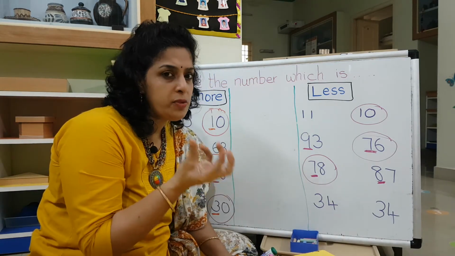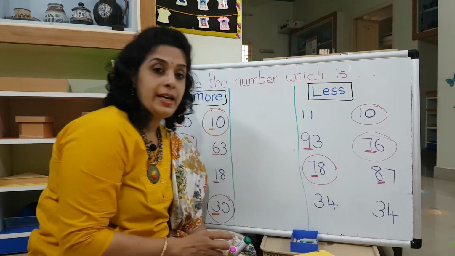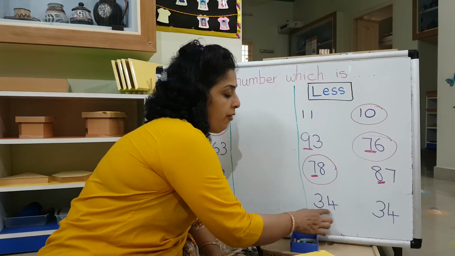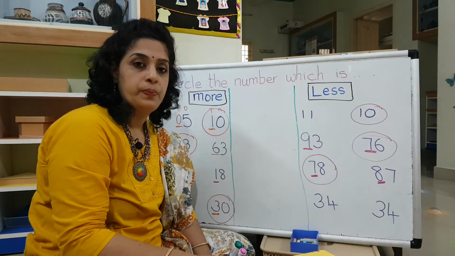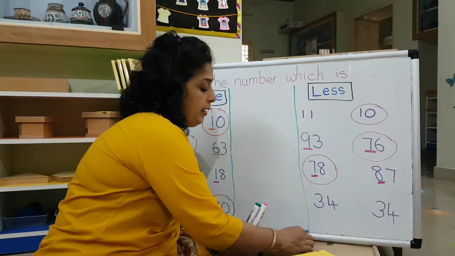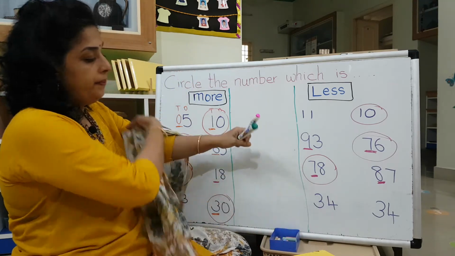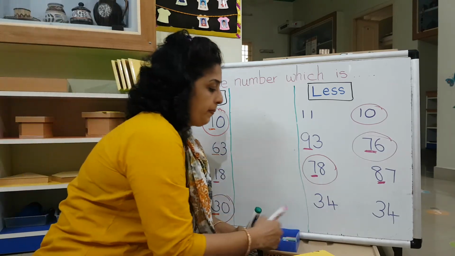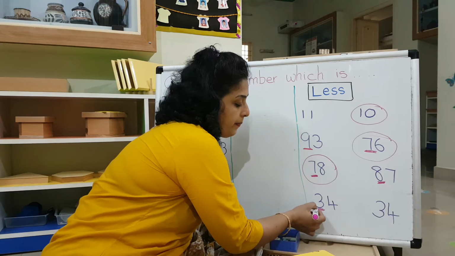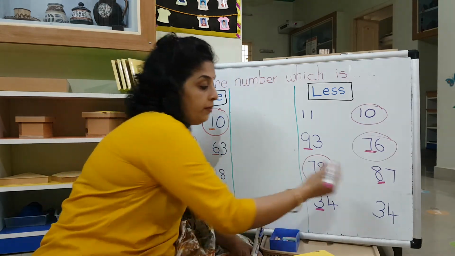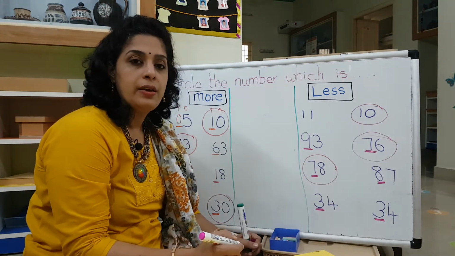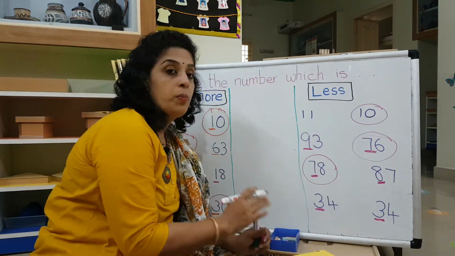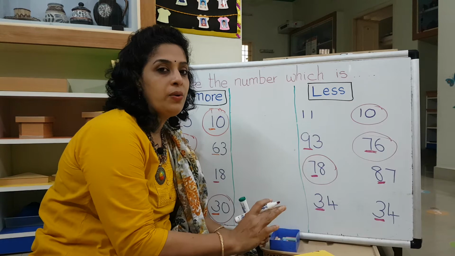We are finding out the smaller number. Let's go to the next number. 34 and 34. Okay? Now, let's check the tens place. What is in the tens place? 3. For this number, what is in the tens place? 3. Oh, so both are same. Now what will we do?